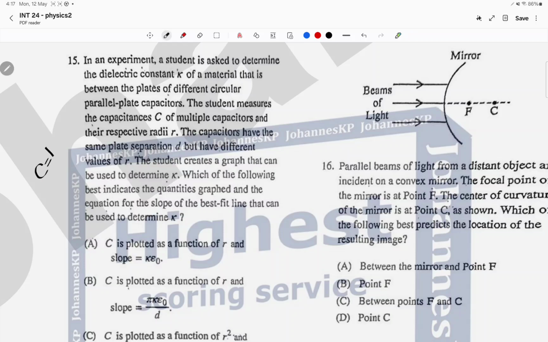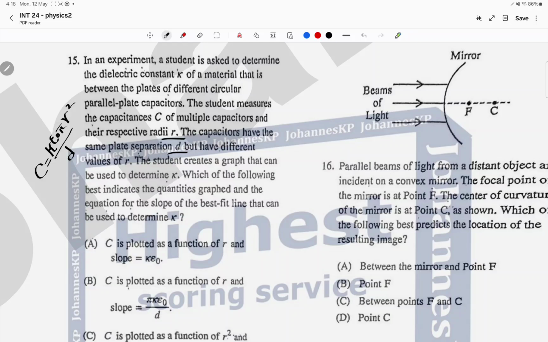Capacitance is equal to kappa epsilon area over D. D would be the distance between the two plates, but the area I'll replace with pi r squared, because the radius is given.